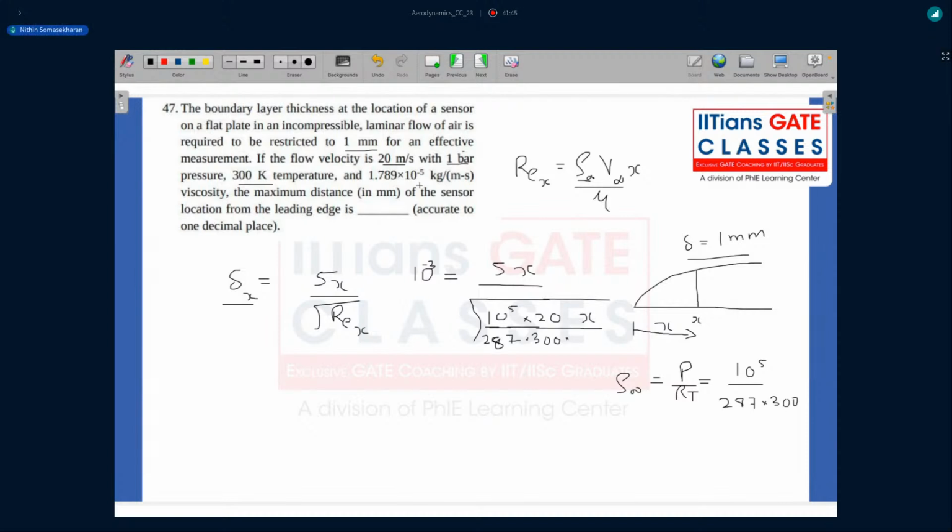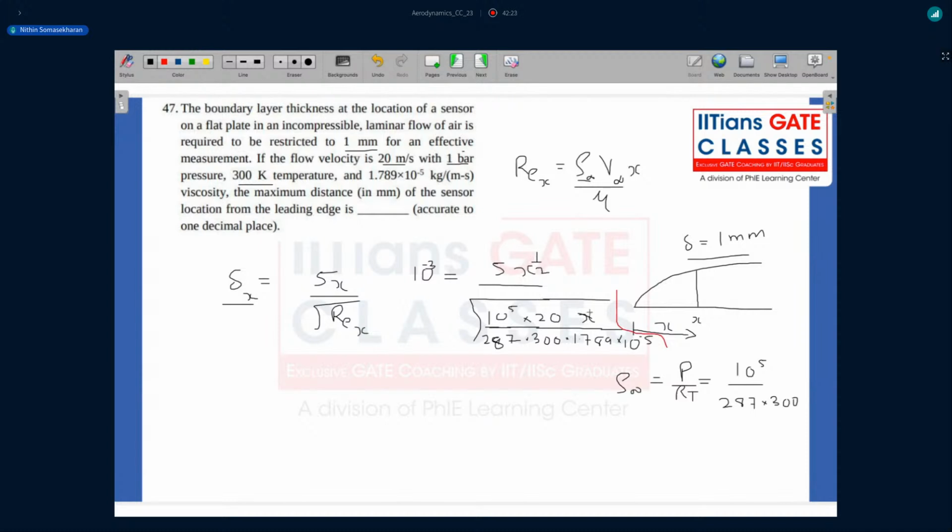That is 1.789 into 10 power minus 5. So let me just draw the brackets. So now you have root x and then an x, so you can cancel both of these, and then you can put an x power half over here.